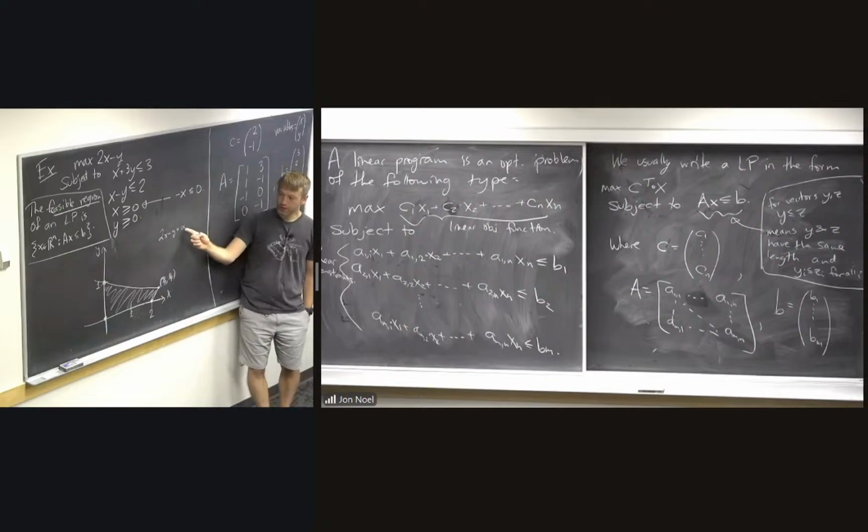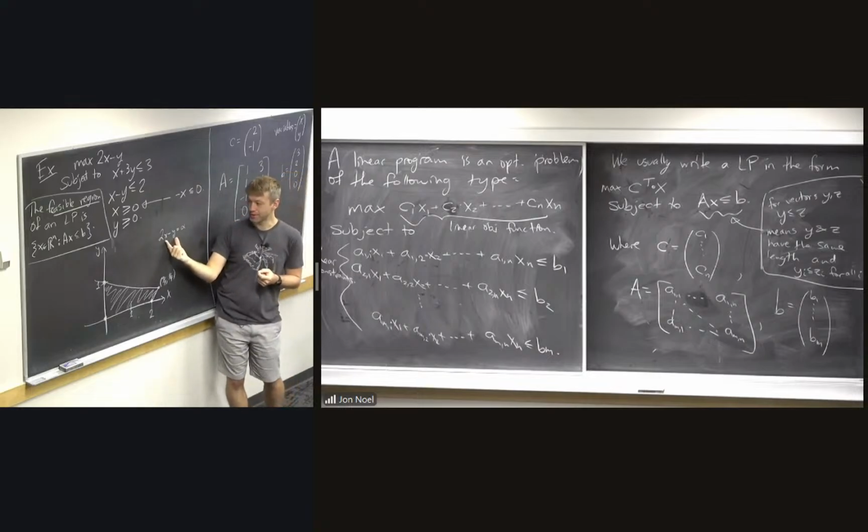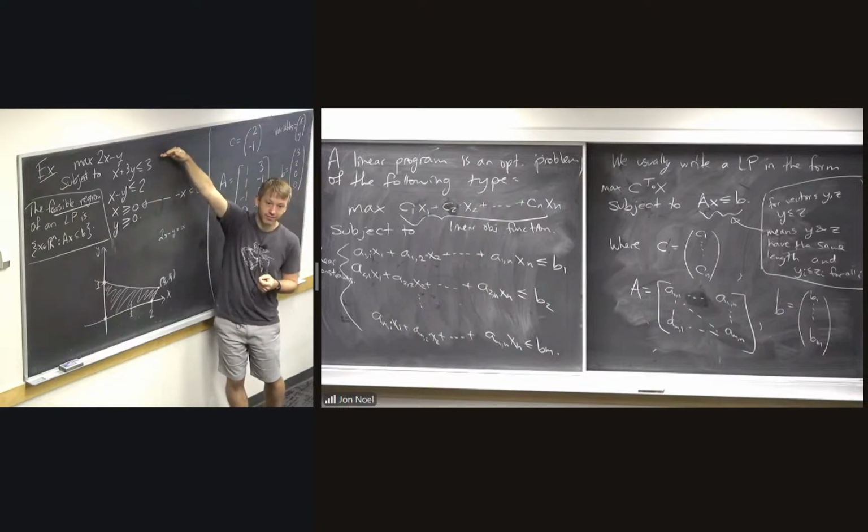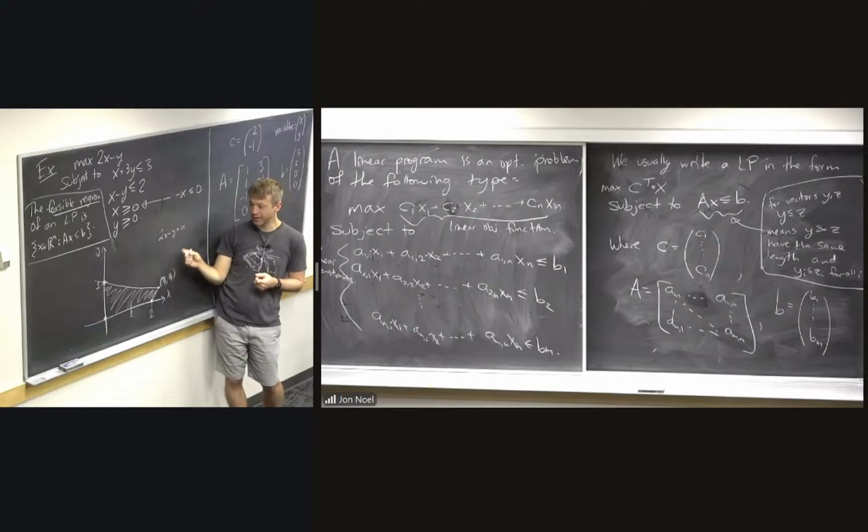I want to pick the largest alpha such that there's some x and y that satisfy 2x minus y equals alpha, and x and y satisfy the inequalities. So I want to pick a point in the feasible region that maximizes 2x minus y.